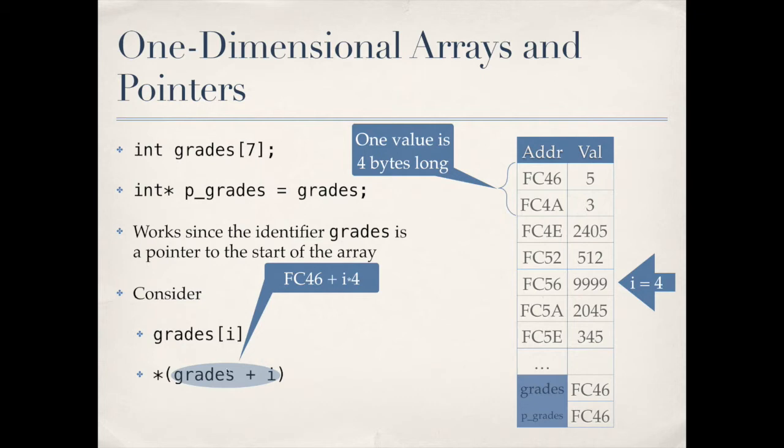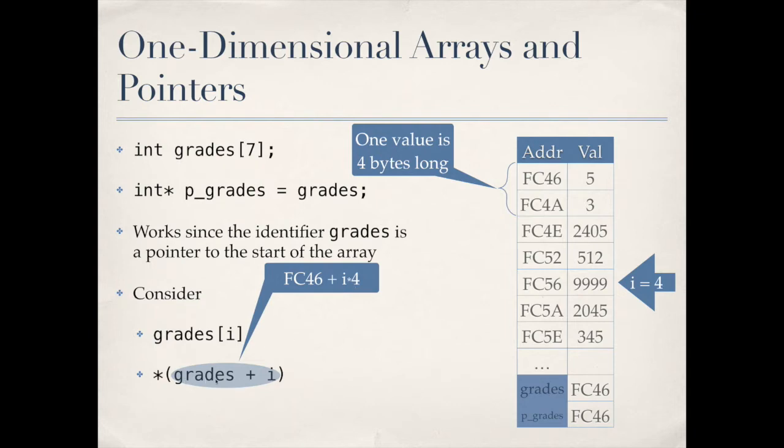So we have grades. Grades has the value of FC46. And then we add I times 4. So why this? The C compiler is checking what type do we have here. And we have an int. And now it says, okay, we have to add I, but I times 4, because an int is 4 bytes long.